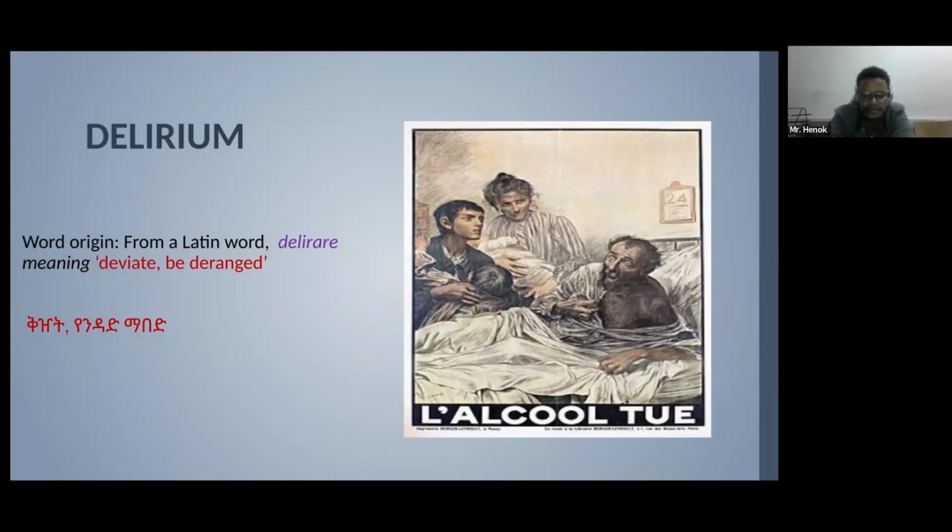These terms show the common symptoms that are seen in delirium: the confusion, the disorientation, and the term nedad usually shows medical conditions associated with fever. So this is the terminology associated with delirium.